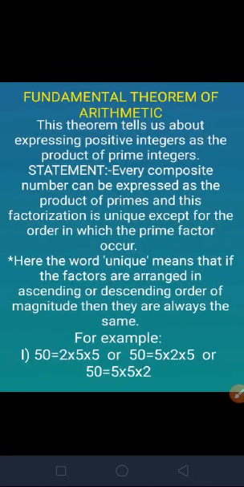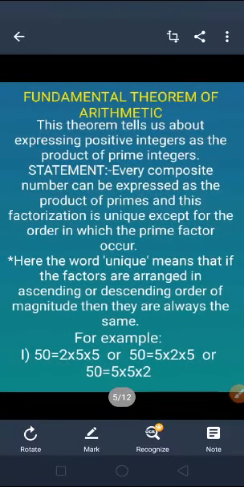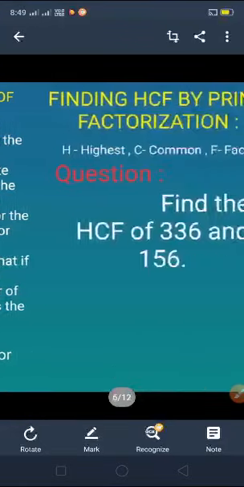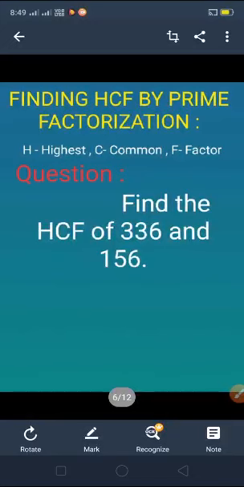Students, it means if the order of the prime factors is either ascending or descending, there is no effect on the magnitude.